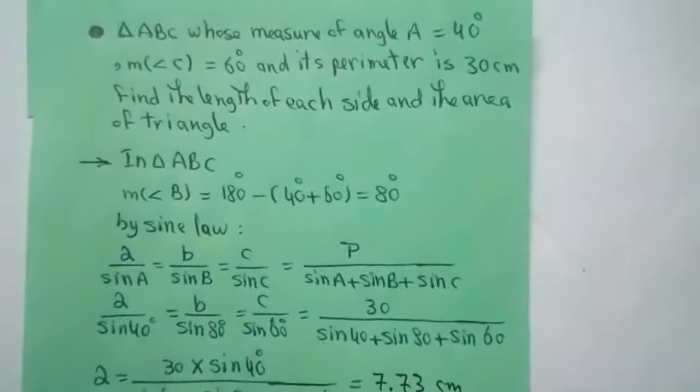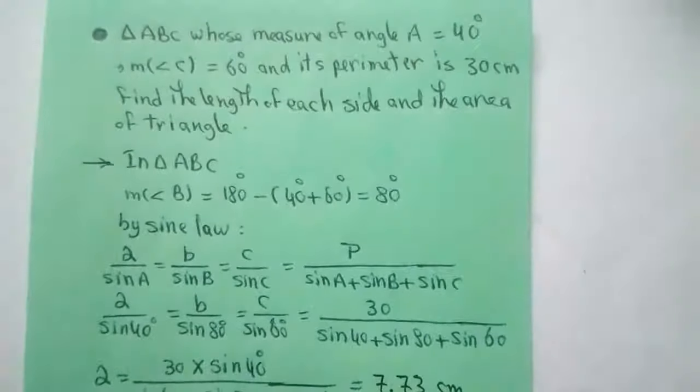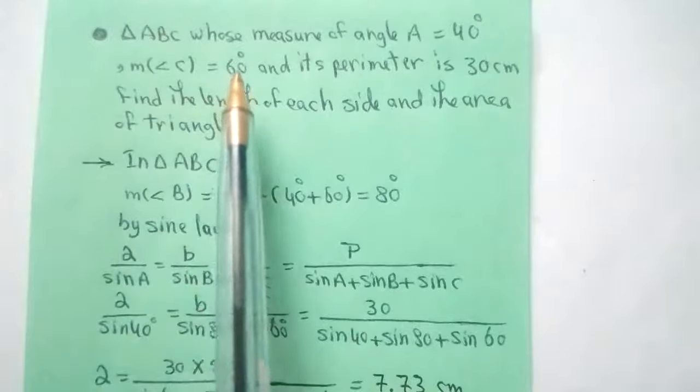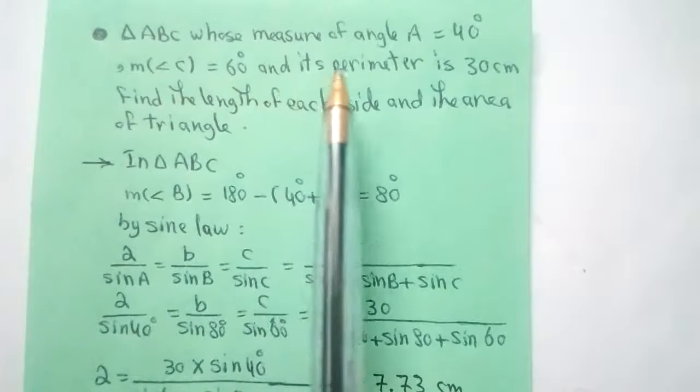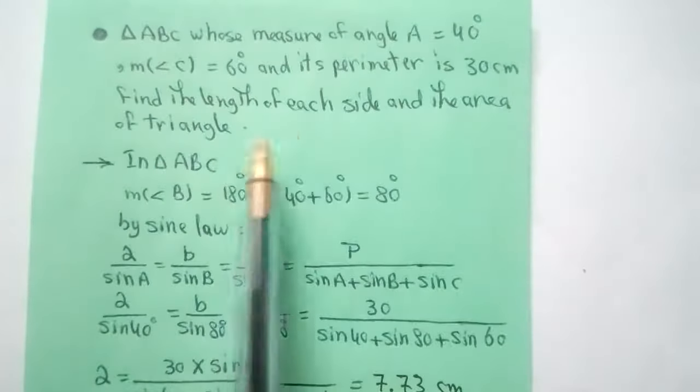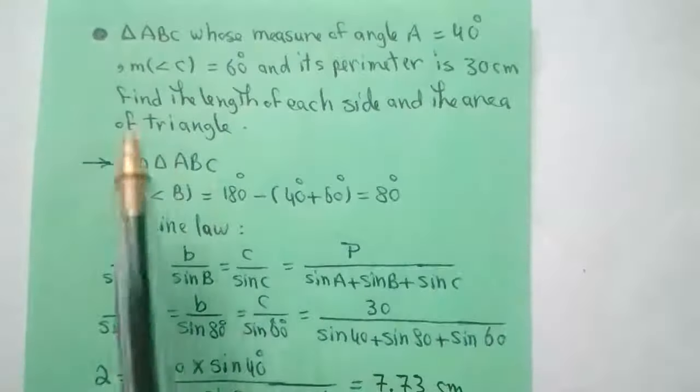For example, ABC is a triangle. Measure of angle A equals 40, measure of angle C equals 60, and its perimeter is 30 centimeters. Find the length of each side and the area of the triangle.